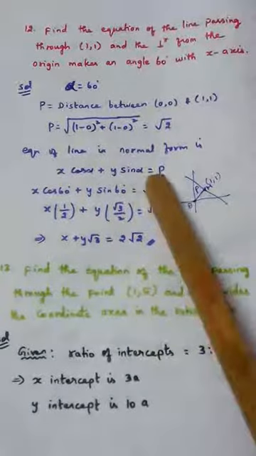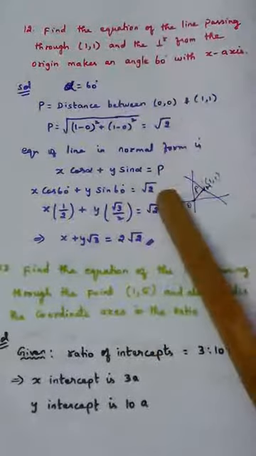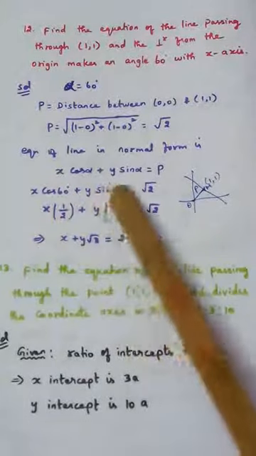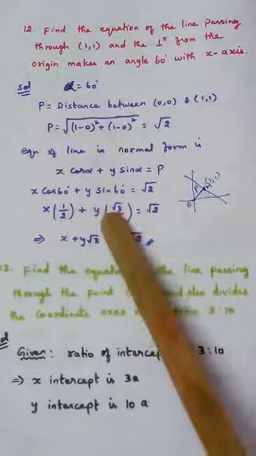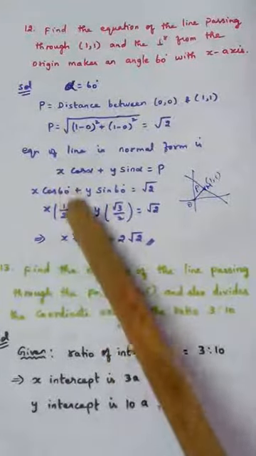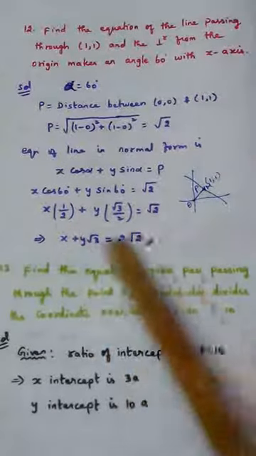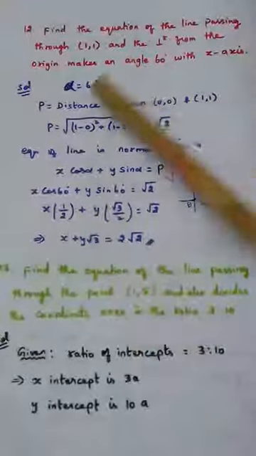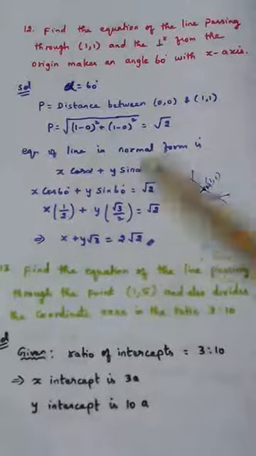Writing the formula, in place of alpha put 60 degrees, p is root 2. Cos 60 is 1 by 2, sin 60 is root 3 by 2. Denominators are 2, so take the 2 to the other side: 2 root 2. Here it will be x into 1, x, y into root 3, y root 3, equal to 2 root 2. This is the final equation. Try to understand this; we are doing the normal form of a straight line.